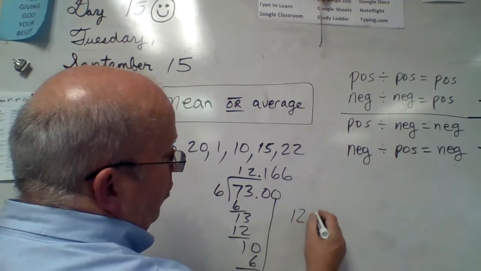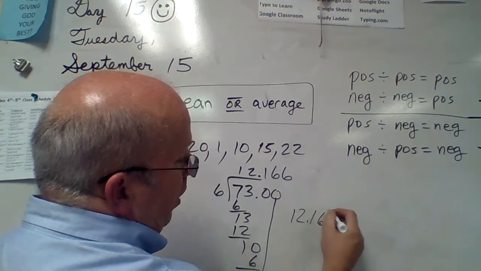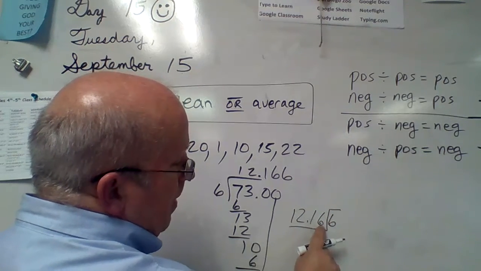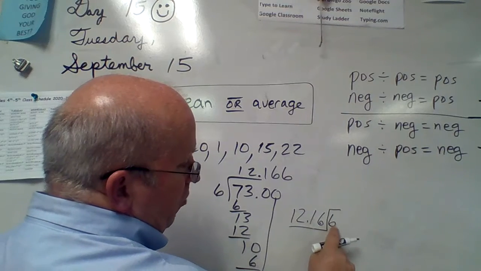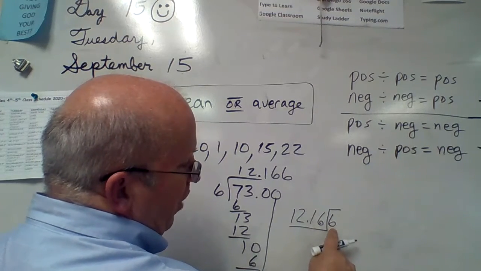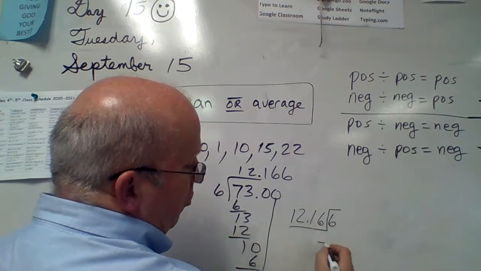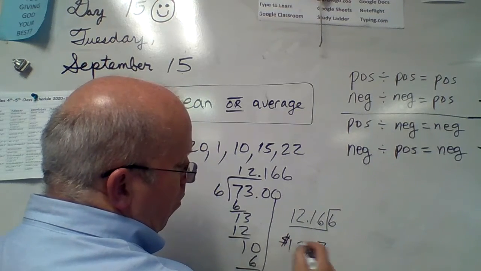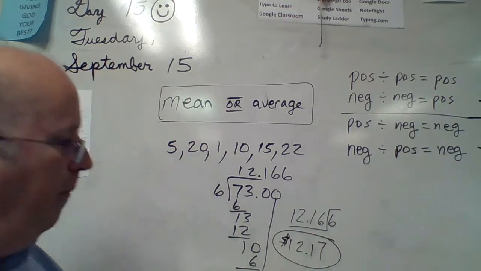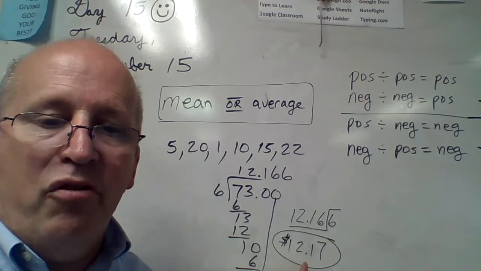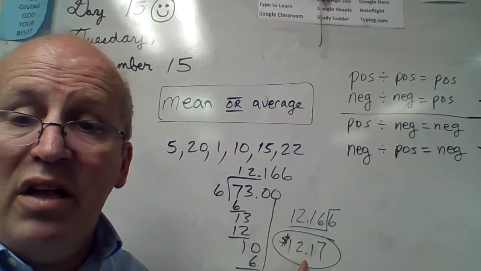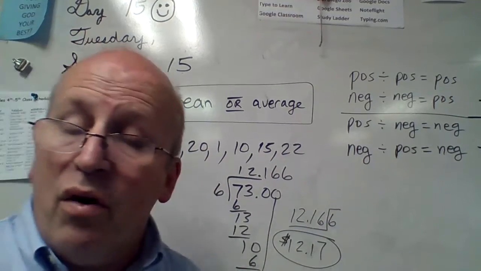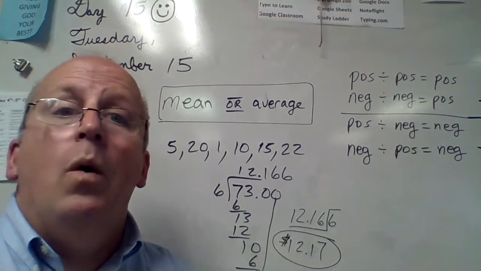I'll rewrite it over here, and I want to only look at these 2 digits, but I got to look at this one. This one tells me that because it's 5 or larger, I'm going to change this one to a 7. So what's our final answer? Mac is getting an average of $12.17 per person in birthday gift money from 6 people.